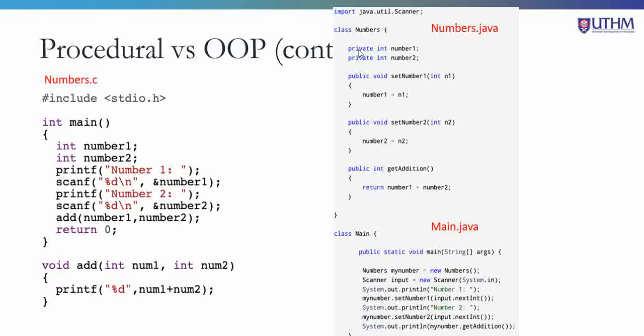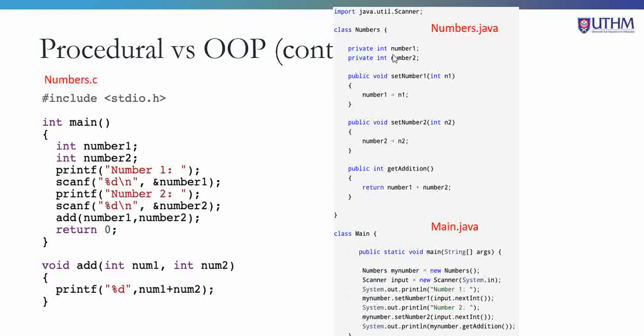Why do I declare it as private? Because I don't want these two data to be directly accessed, directly manipulated.